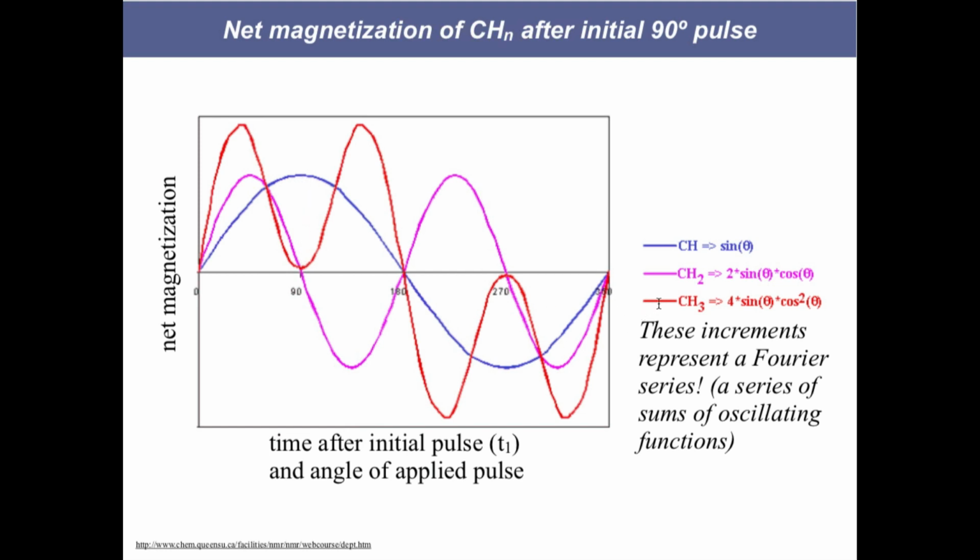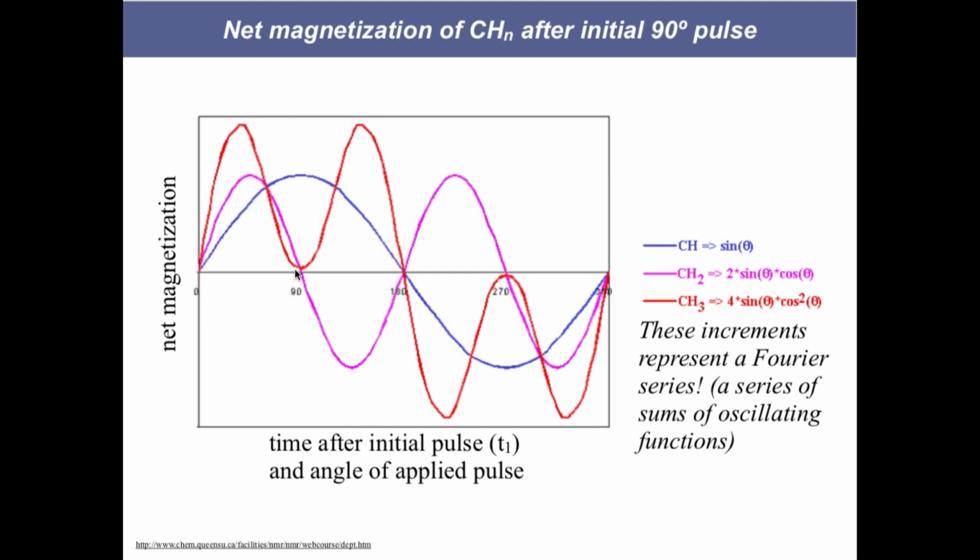But for the CH2s and the CH3s, after that period of time, after our initial pulse, if you pulse at 90 degrees, there's no polarization there. There's no magnetization. So they will not show up on NMR after that amount of time and a 90-degree pulse.